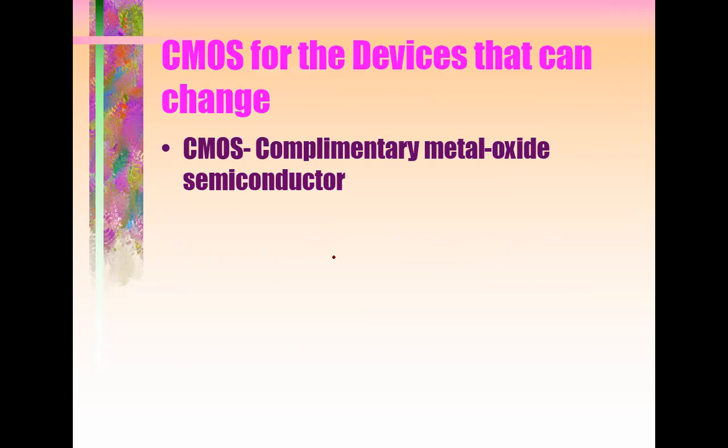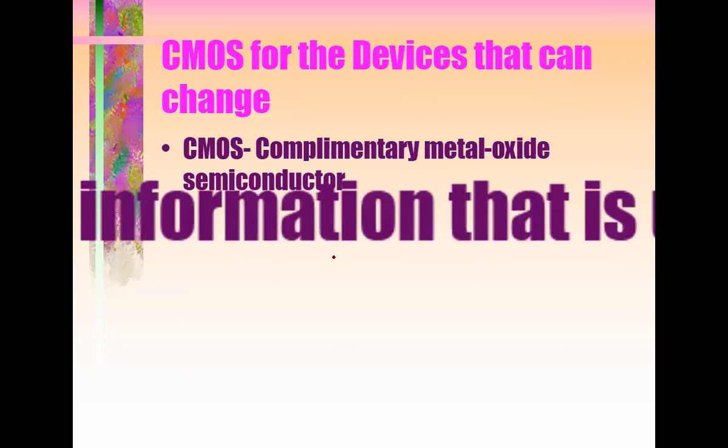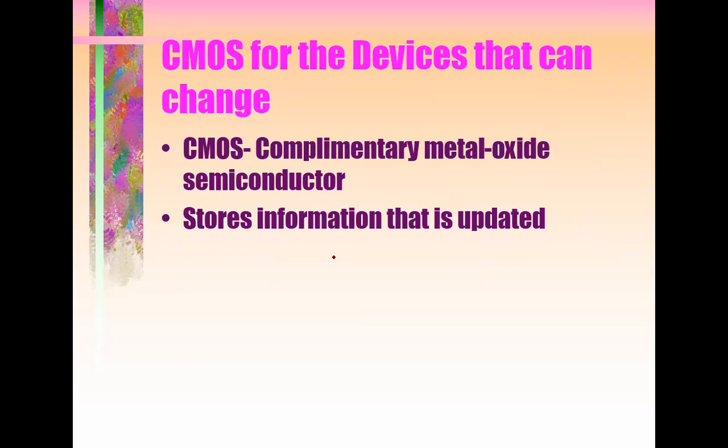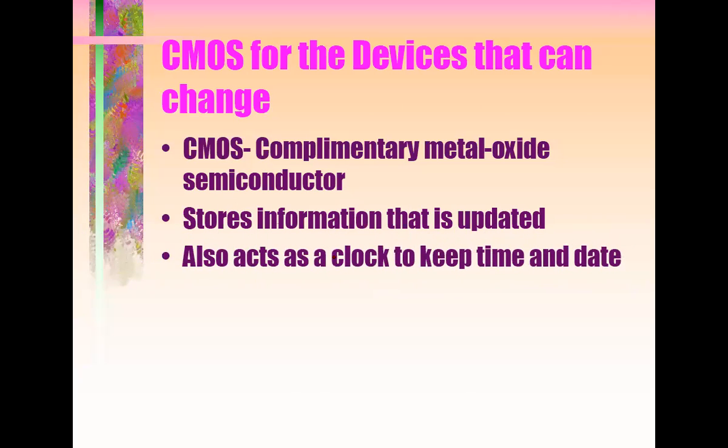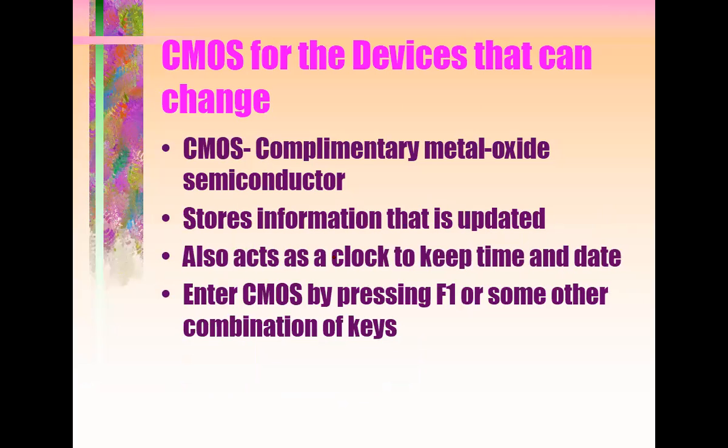Then the CMOS for the devices that can change. CMOS stands for complementary metal oxide semiconductor. It stores information that is updated. Remember I said CMOS is volatile, and it also acts as a clock to keep time and date. I think I talked about this. Then the CMOS, you can enter it by pressing F1 and other combinations of keys.